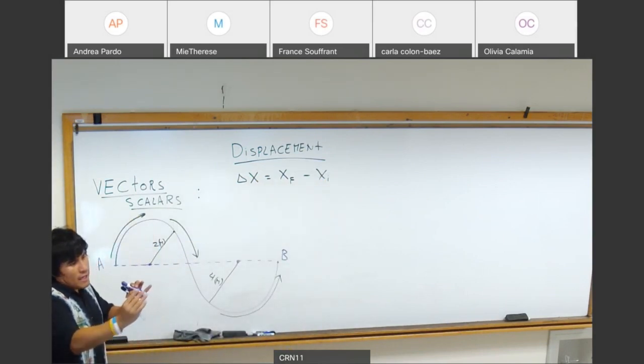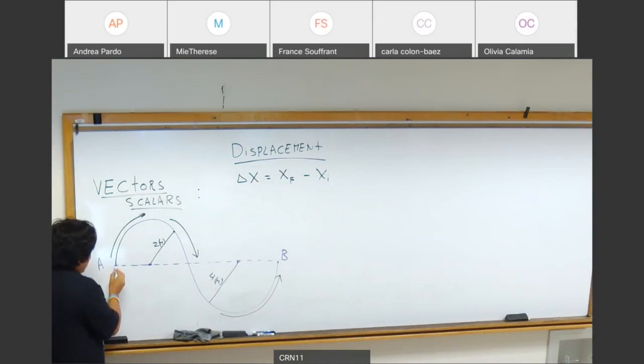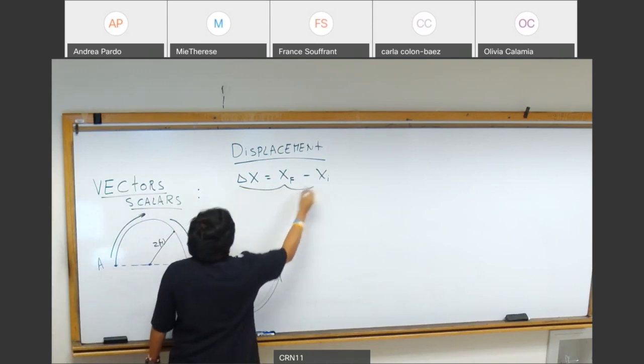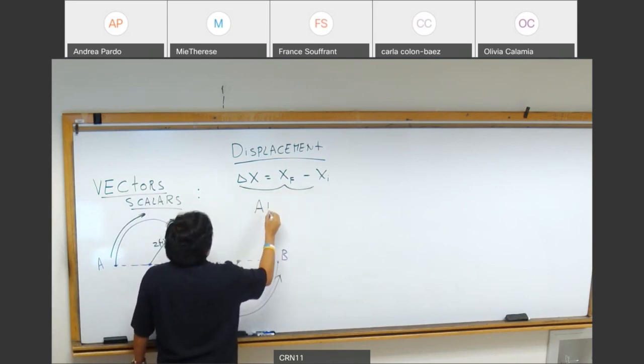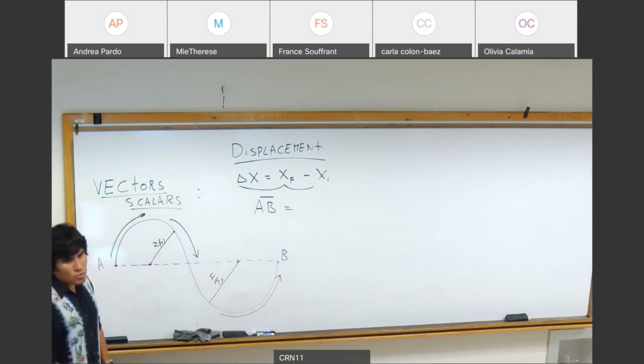So it's how far you are from the initial position. If we say this is 0, and that's your final position from A to B, then your displacement for this problem is just basically AB. It's how much you have moved.